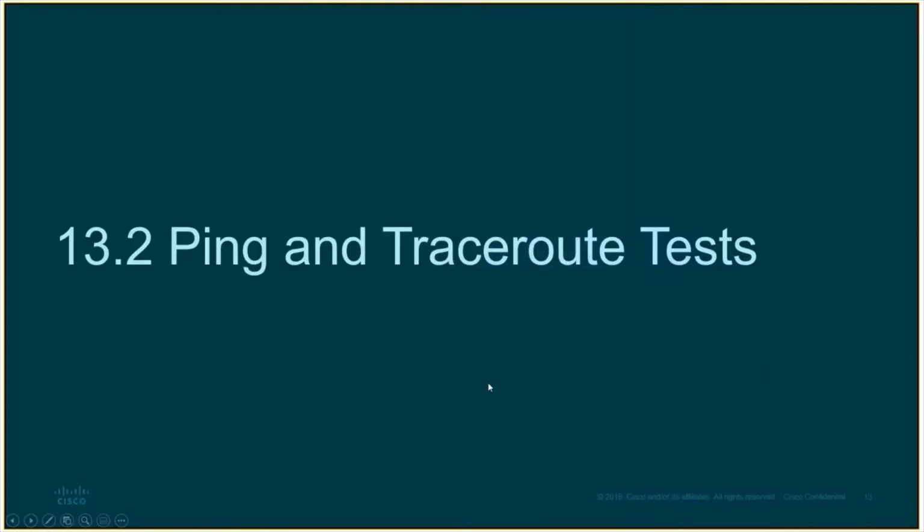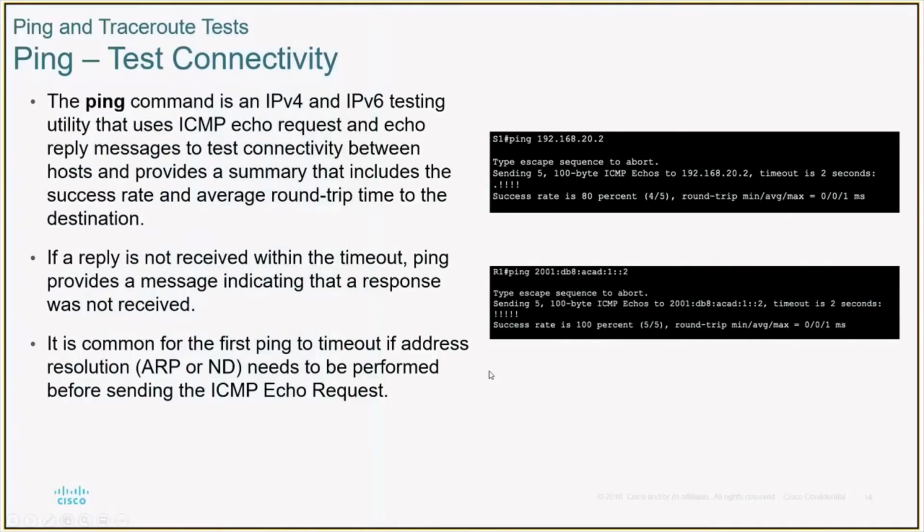Okay, so ping and traceroute tests. So ping is a command that's used in both IPv4 and IPv6. It's a testing utility that uses ICMP echo request and echo reply messages to test connectivity between hosts and provides a summary that includes the success rate and average round-trip time to the destination. If a reply is not received within the timeout, the ping provides a message indicating that a response was not received.